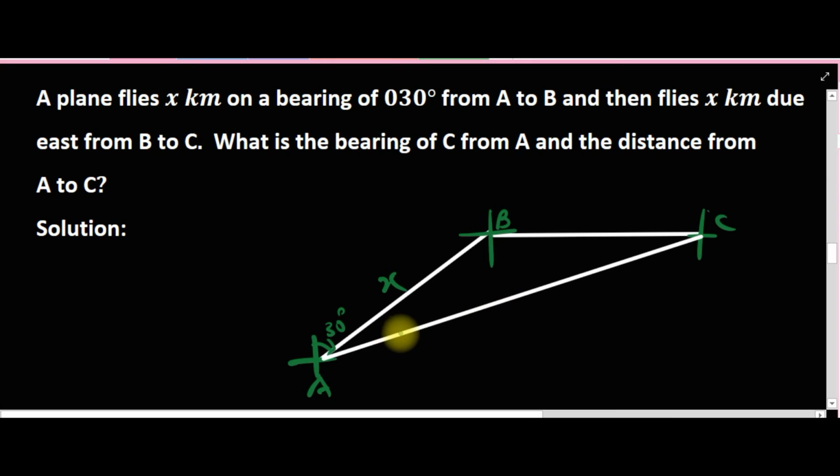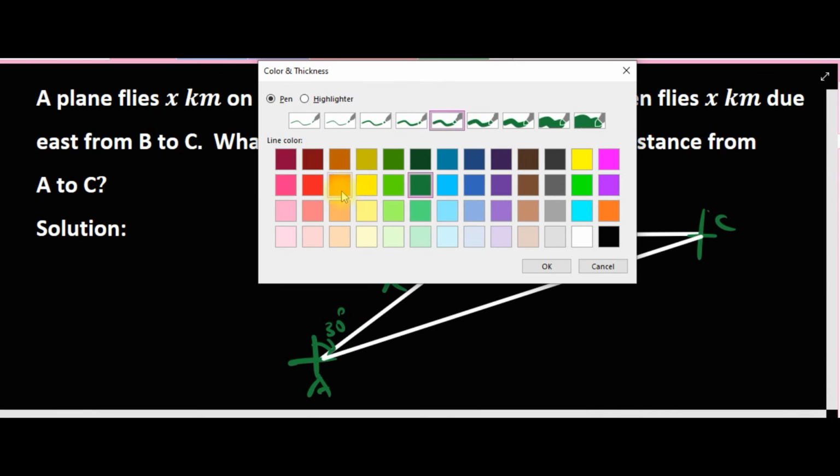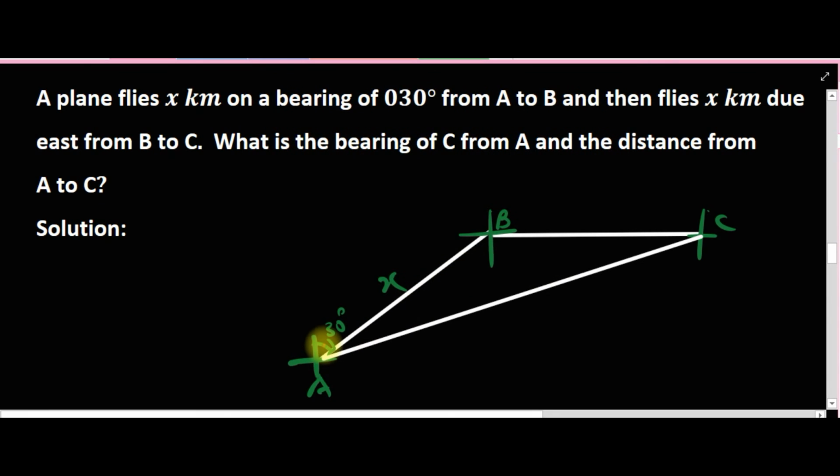So let's join. We are asked to find the bearing of C from A. So we are looking for from here to here, so we need to get this angle. If we call this small angle theta, then theta plus 30 is the bearing of C from A. Since here is 30, here should be 30 by alternate angle theorem.